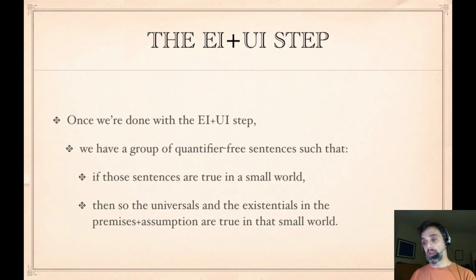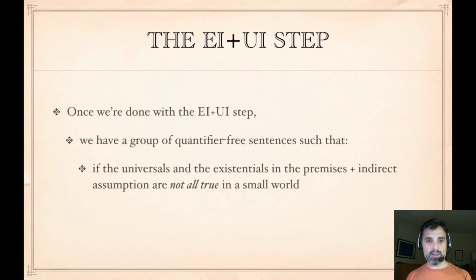We saw why if what we get from EI is true, then the existentials that we started with are true. And we also saw that if what we get from UI is true and everything is named, we're in a small world, then the universals are true. So we put those two together and say if we apply EI and UI, then we get a group of sentences that on the one hand are quantifier-free, and on the other hand, if they're all true in a small world, a world where everything is named, then the quantified sentences that we started with are also all true.